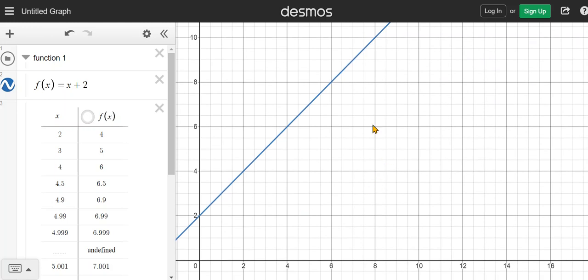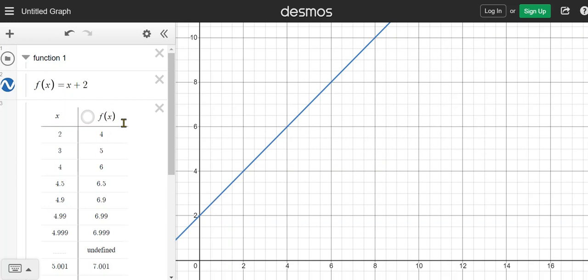And what we want to do is ask ourselves, as the x values move closer and closer to some number, let's say 5, as the x values get closer and closer to 5, what is the function value approaching?